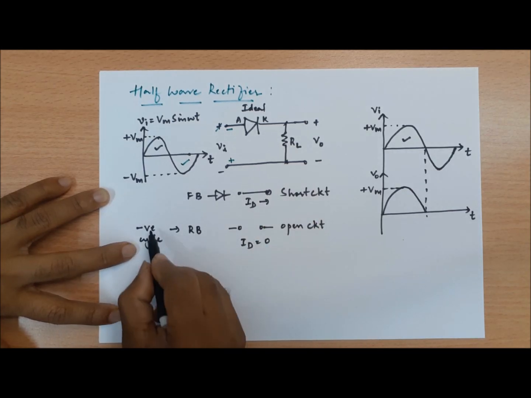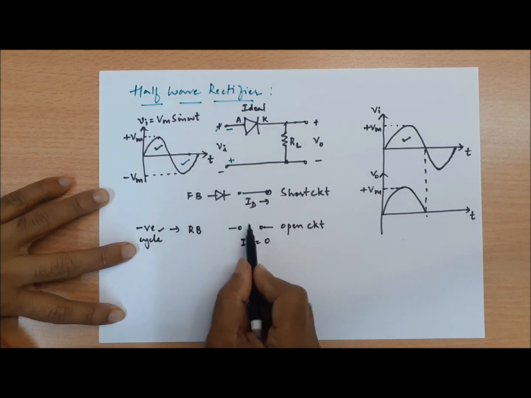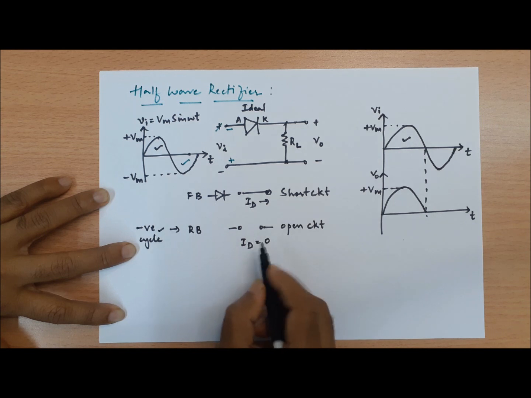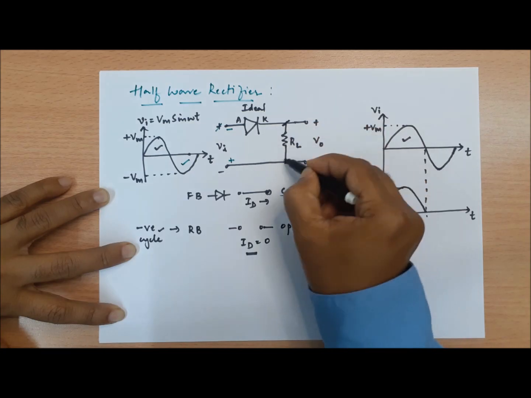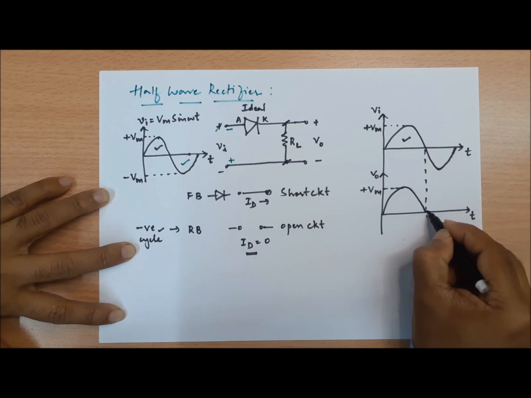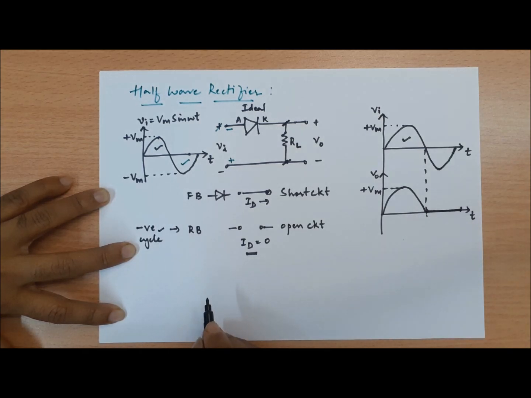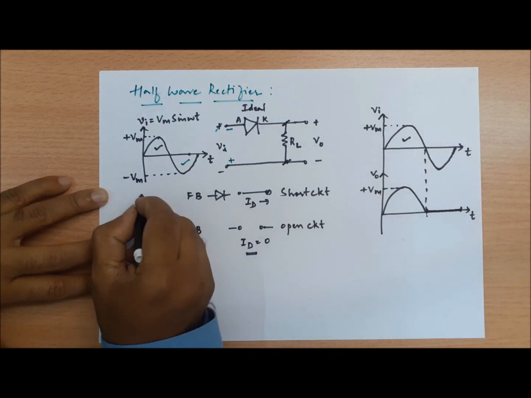In the negative half of the input cycle, the entire input voltage drops across an open circuit and there is no diode current, so no voltage appears across the load resistance RL, which means during the negative half cycle we do not get any voltage across the load resistance RL. So this is how a half wave rectifier circuit works, which uses a single diode.